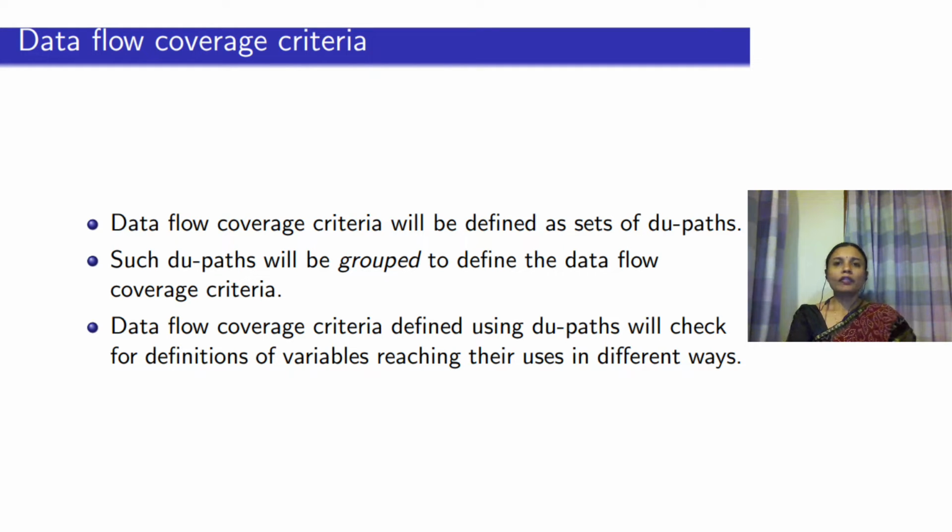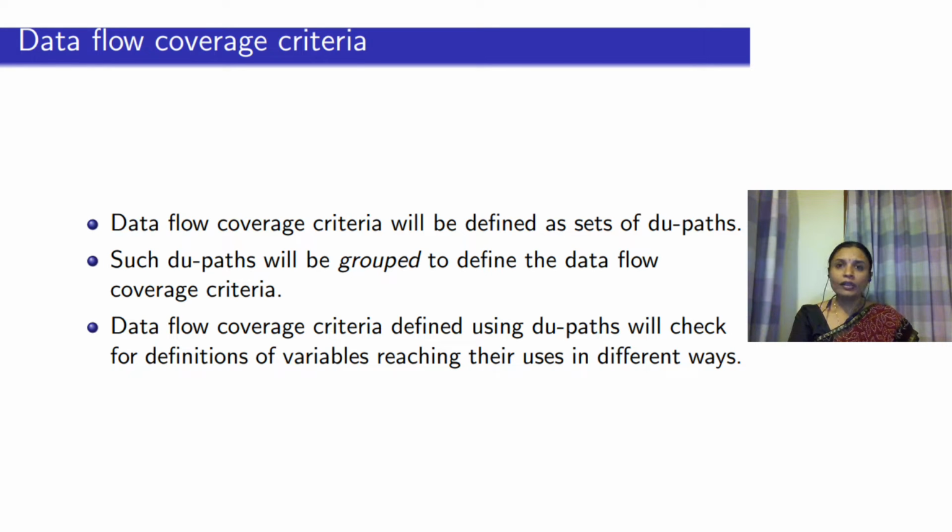So we define data flow coverage criteria as a set of DU paths that take a variable value from its definition through its use as the program executes using a sequence of statements. For large programs, which typically tend to be large, there could be many variables.